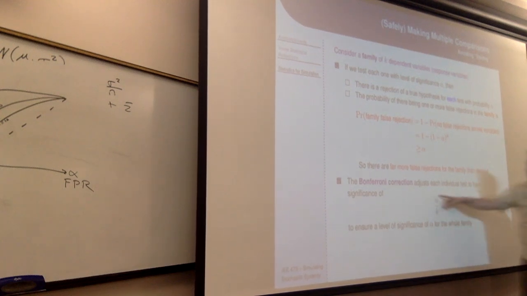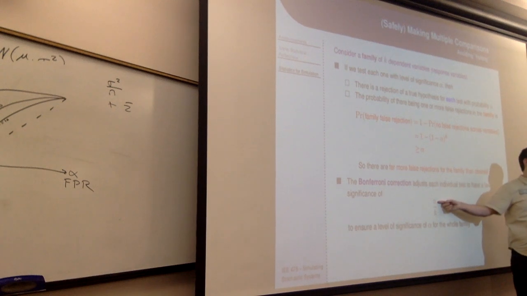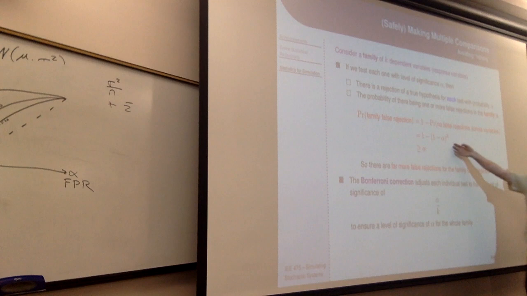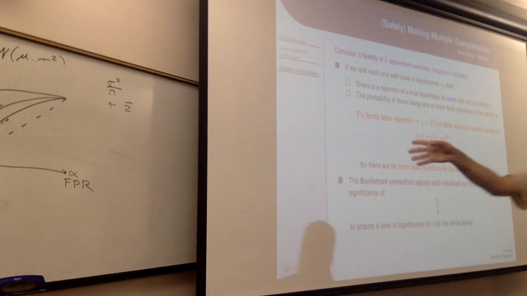But if I convert all of my individual tests to have my desired alpha divided by the number of comparisons, then my family level alpha will go back to what I expect. So I won't inflate my type 1 error.